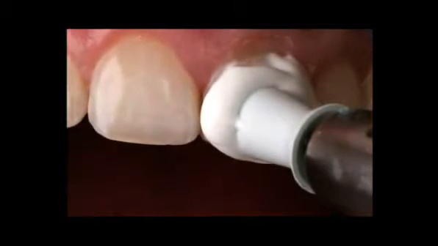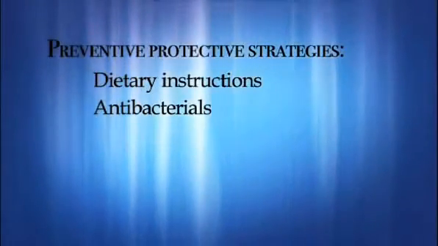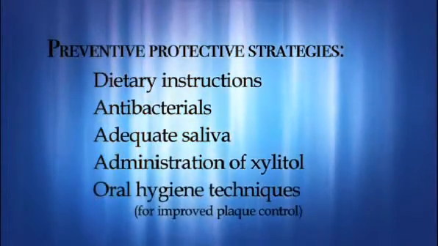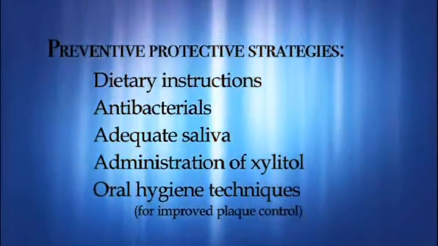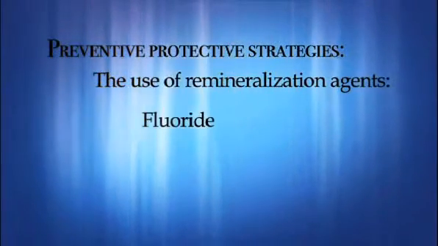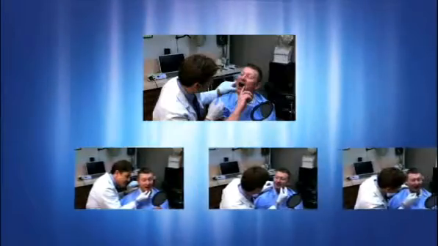Preventative protective strategies can include dietary instructions, antibacterials, adequate saliva, administration of xylitol, oral hygiene techniques for improved plaque control, and the use of remineralization agents such as fluoride and calcium phosphate supplements. These preventative protective strategies can aid in the remineralization process and or prevent the process of demineralization of tooth structure.